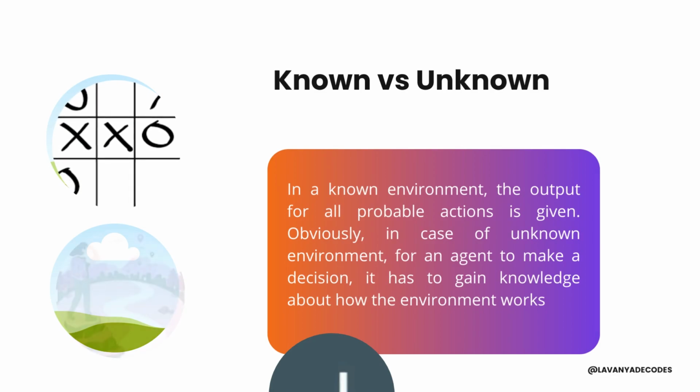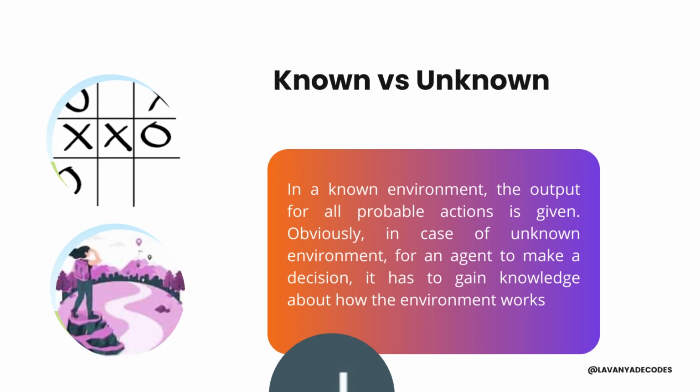Known or unknown environment. In a known environment, the outputs of all the probable actions are already given, but in unknown environments, for an agent to make a decision, it has to gain knowledge about how the environment works. Examples of known environments are chess or tic-tac-toe games. In a known environment, the agent can use techniques such as searching algorithms or decision trees to optimize its behavior.